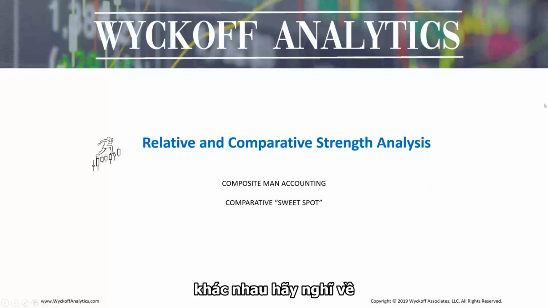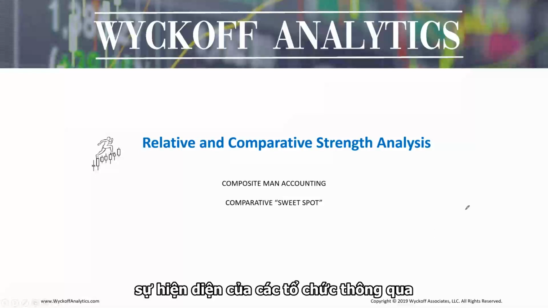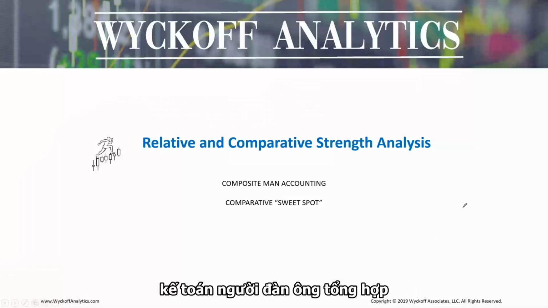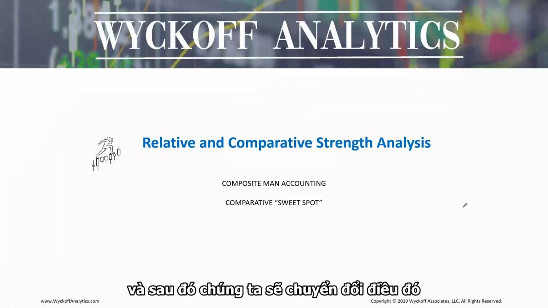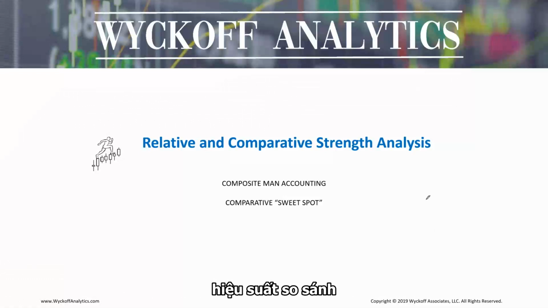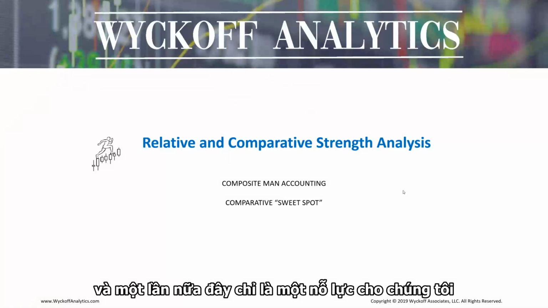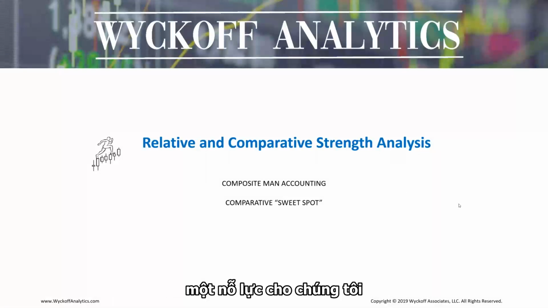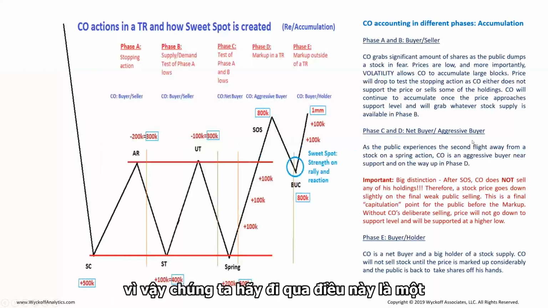Let's think of the presence of institutions through the composite man accounting. And then we're going to convert that into the concept of a sweet spot on the comparative performance. And again, this is just an attempt for us to understand what institutions are doing, how they're behaving.